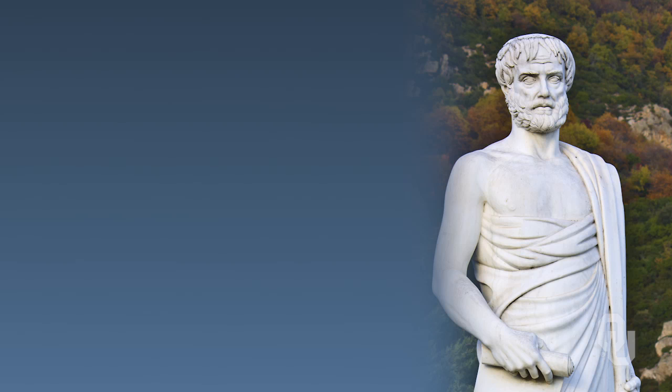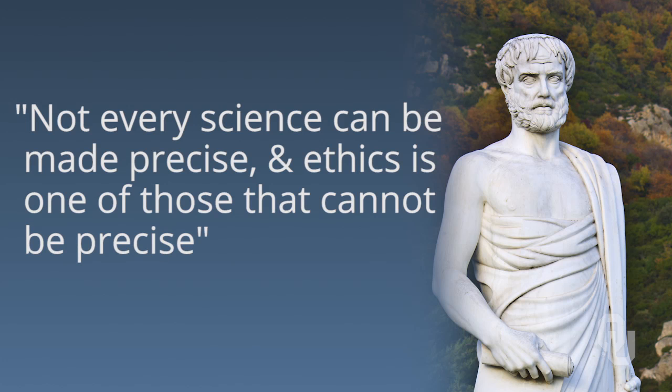That would mean that knowing what to do in every moral situation requires having a kind of wisdom that only a few people have and maybe nobody has fully. That makes it hard for us to turn ethics into a precise science. But as Aristotle said, not every science can be made precise, and ethics is one of those that cannot be precise.